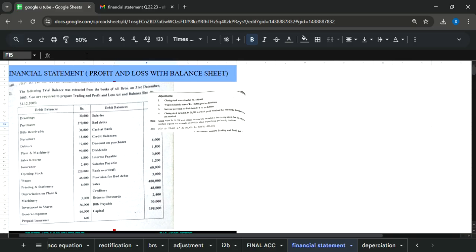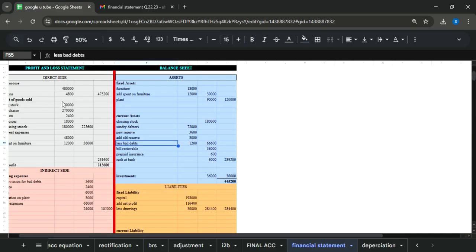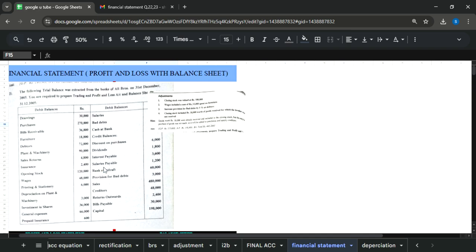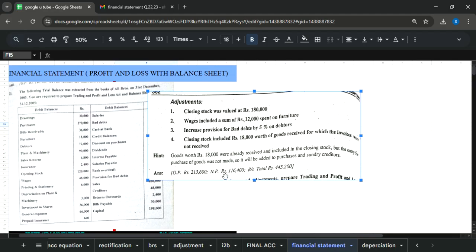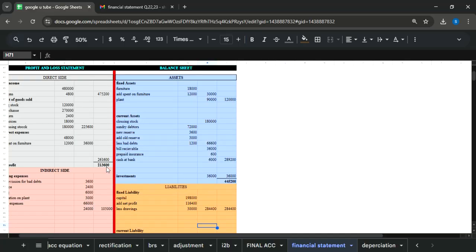Look at here, this was our question. 1, 2, 3, 4 parts. This part was associated with direct side. Gross profit was calculated 213,600, and here gross profit 213,600.